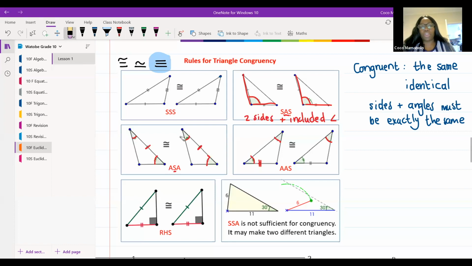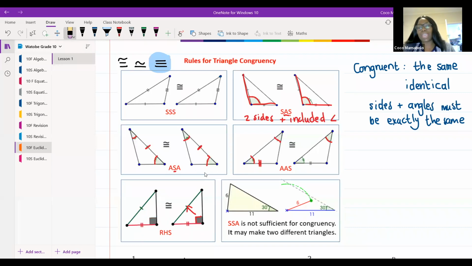Okay. Then we've got this last one over here that says right angle, hypotenuse, and side, which again is almost like a side angle side situation, but because it's a right angle, and we've got a hypotenuse right across from our right angle, and the same side touching the hypotenuse equal to each other, then that makes it congruent.